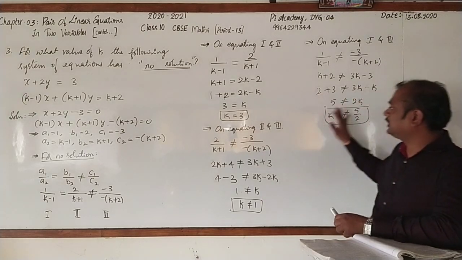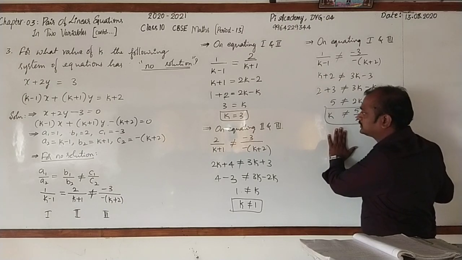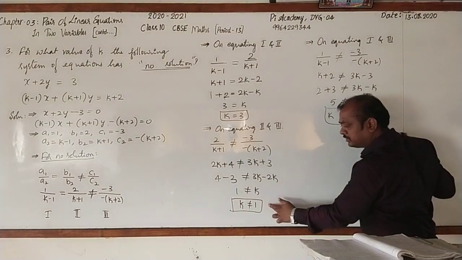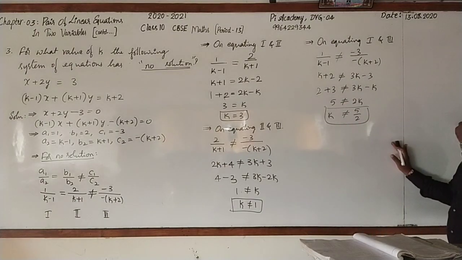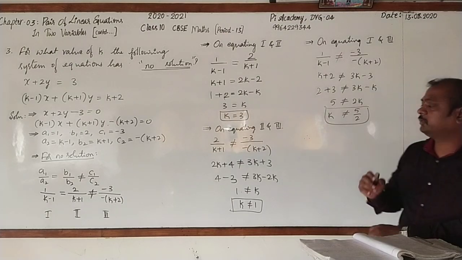Now, observe it. From all the three cases, we can come to know that the given system of equations has no solution if k equal to 3, if k is not equal to 1 and k is not equal to 5 by 2. So, I will write the conclusion. Write with me.